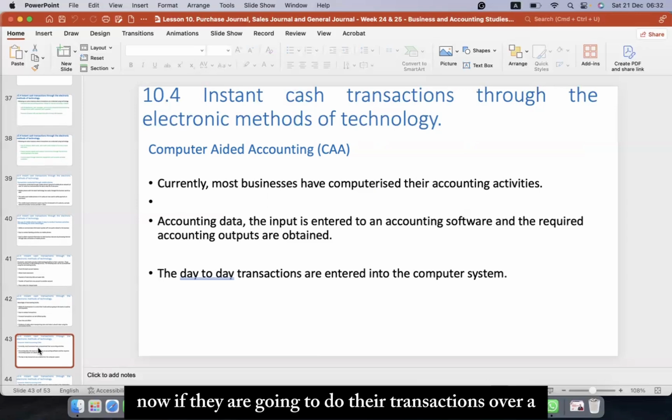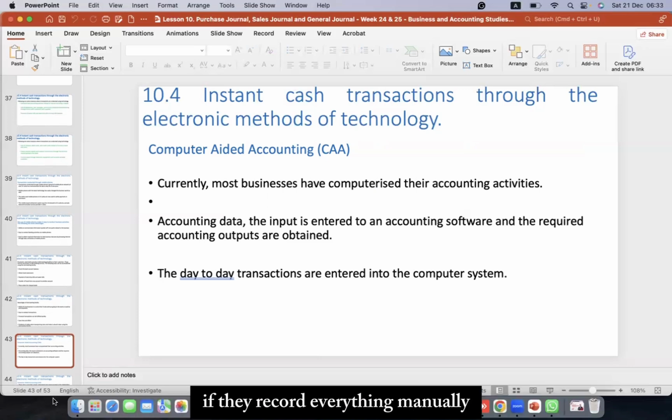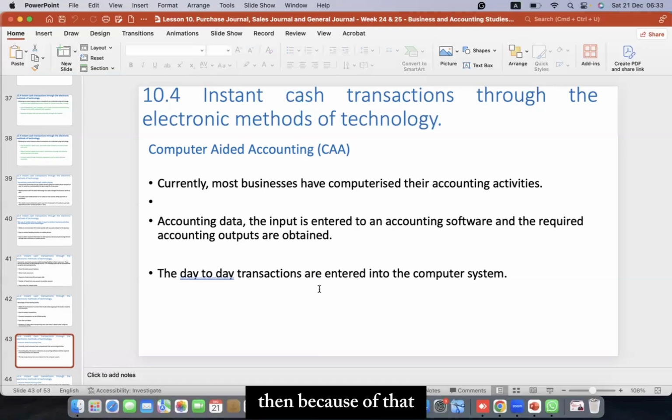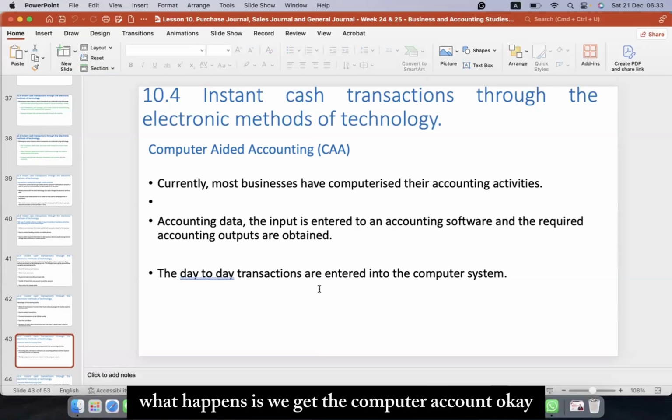If they are going to do their transactions over a manual process, if they record everything manually, how long will it take? It will take so much time, and it is very difficult to streamline, monitor and record these transactions. Because of that, we get computer-aided accounting, or CAD.